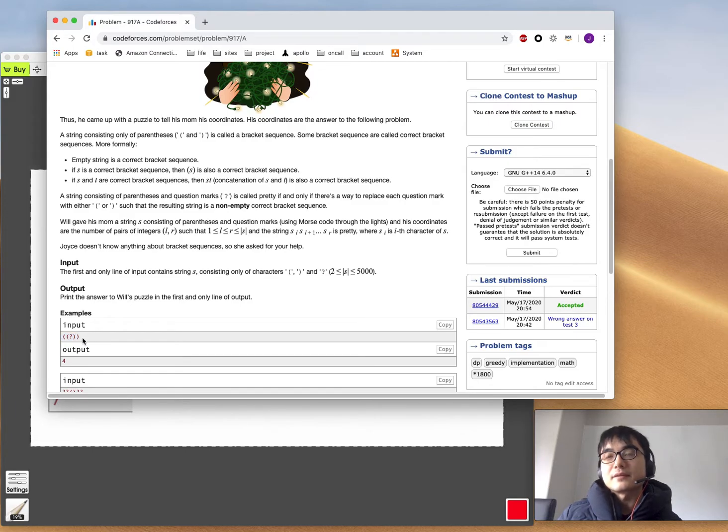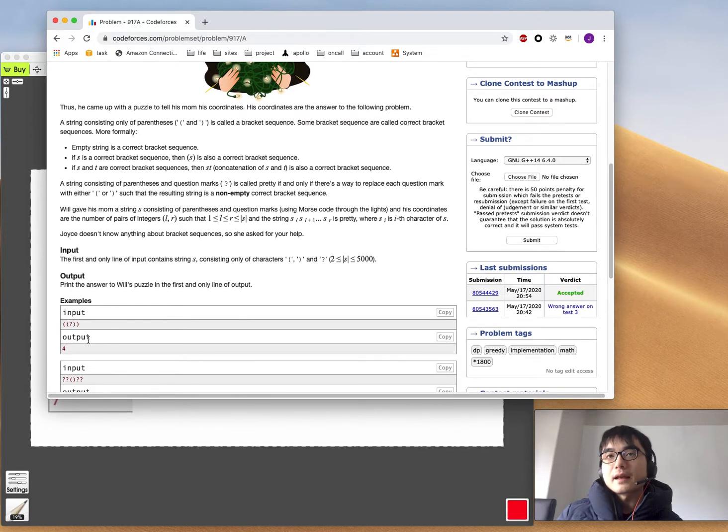What is a valid substring? That is after we replace the question mark with either left or right parenthesis, and we check if the result is a valid string, right?